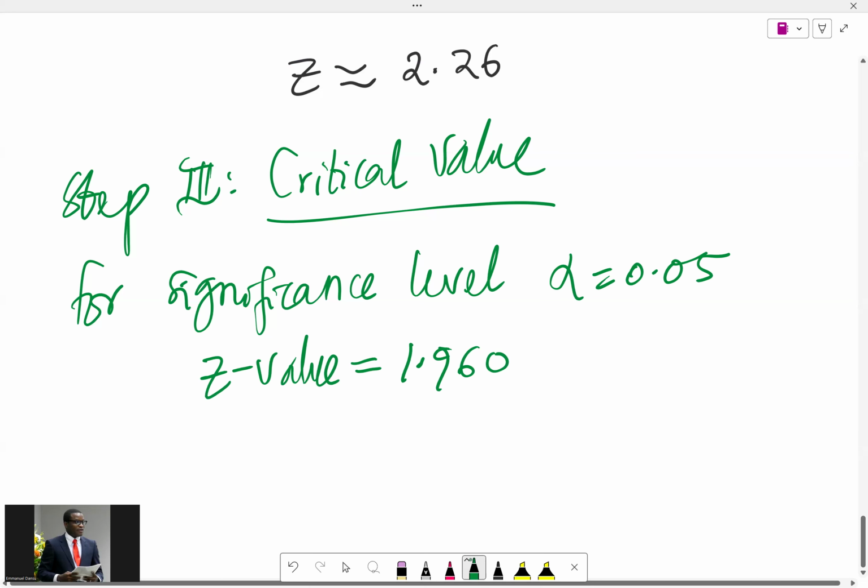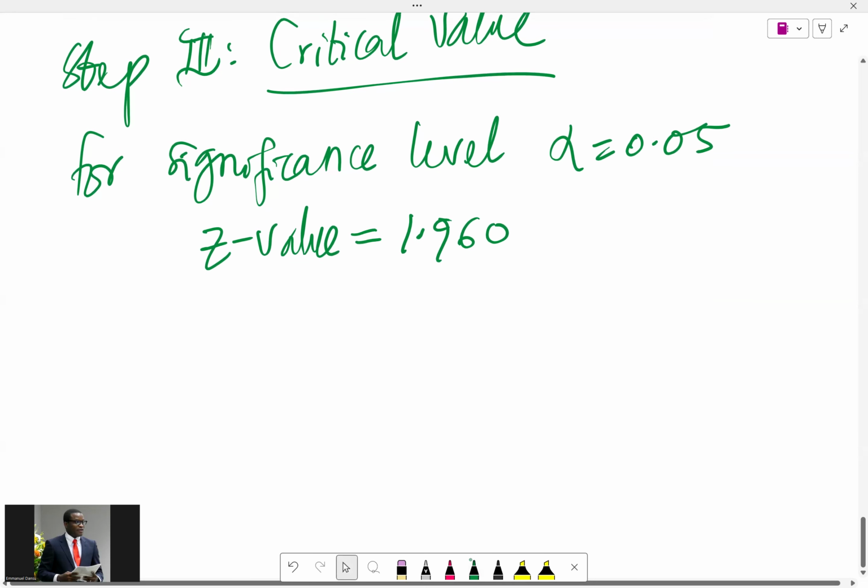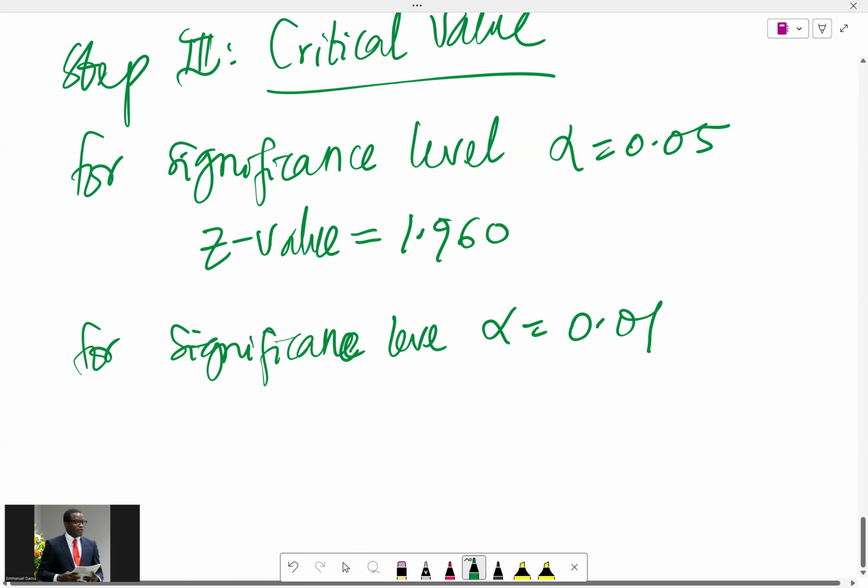Then for significance level alpha equals 0.01, the Z value would be something like 2.576. Okay, so we have those values now.